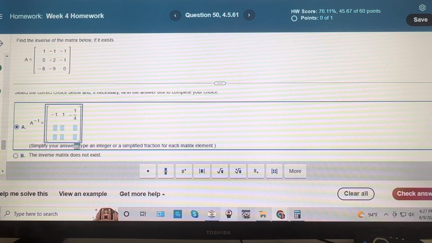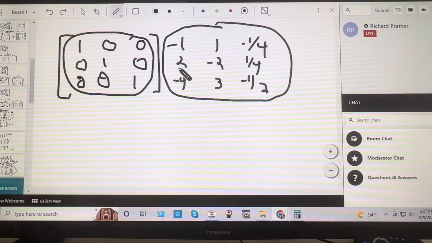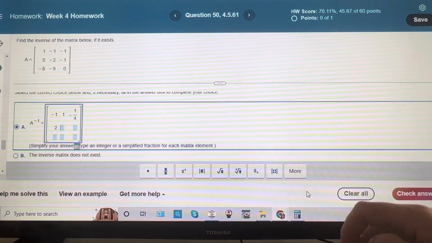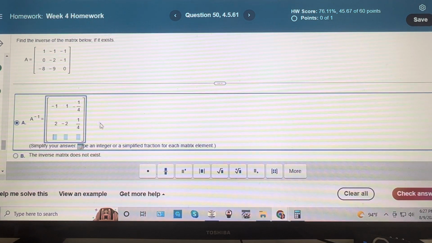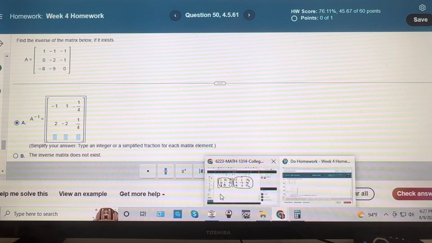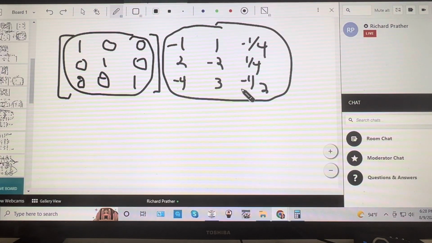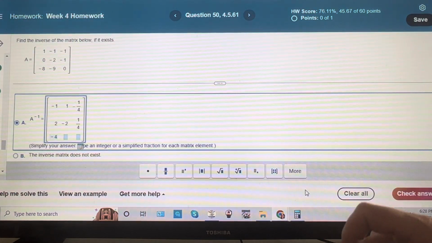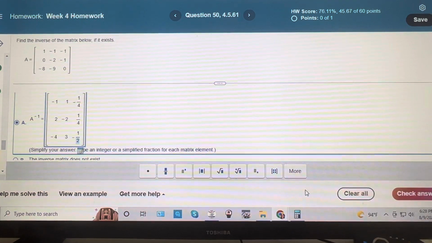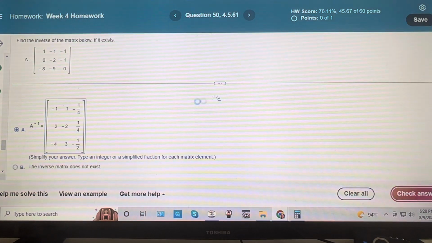Assuming I didn't make any calculation errors. 2, negative 2, and positive 1/4. And inverses often have fractions in them just because it's the only way to make it come out to the identity. -4, 3, and -1/2.